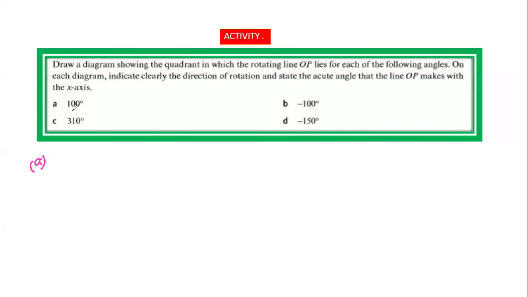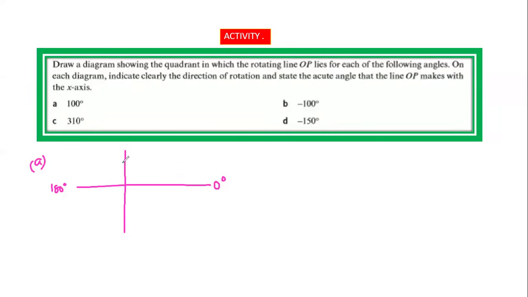Now, we have said that when they talk about 100 degrees, I'm going to come, I draw. Remember, this is 0 degrees, this is 90, this is 180. Now, they want us to show the quadrant in which the rotating line OP lies. The rotating line is this line that I'm going to show you.